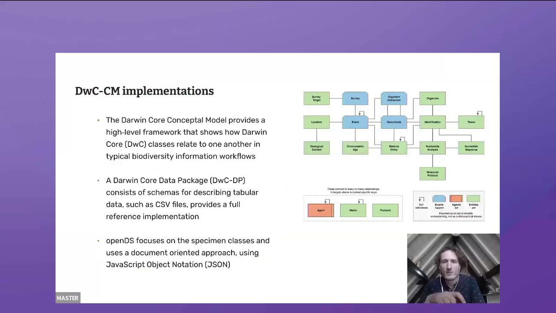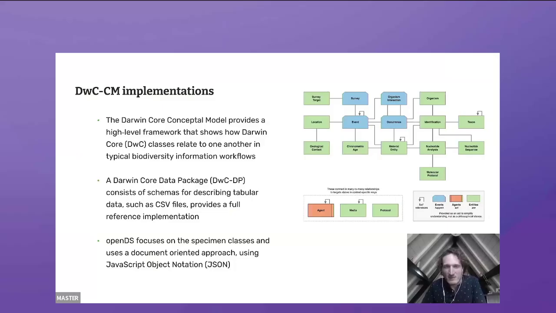The Darwin Core conceptual model structures the Darwin Core terms into classes and points out the relationships to each other. It gives a blueprint of how you can structure your typical biodiversity information workflow.